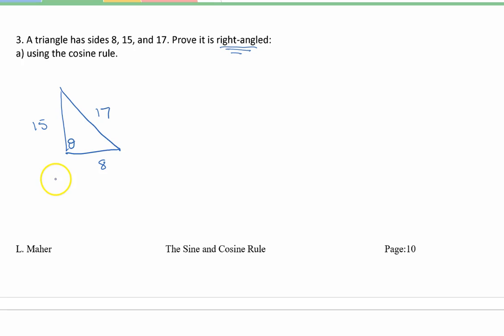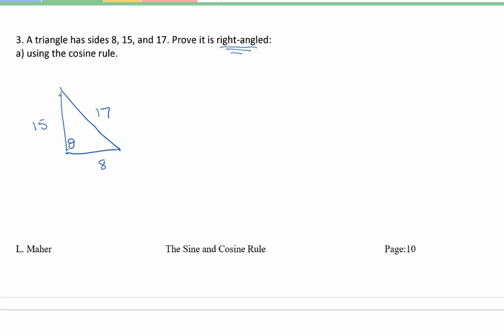Now, like I said, I suppose you could work around and find all three, or if you just chanced upon finding this one first and it was 90, then you're done. However, if you started with, say, this angle over here and you found it and it wasn't 90, then you'd have to keep moving around your triangle until you did find the one that was 90, which is very time consuming.